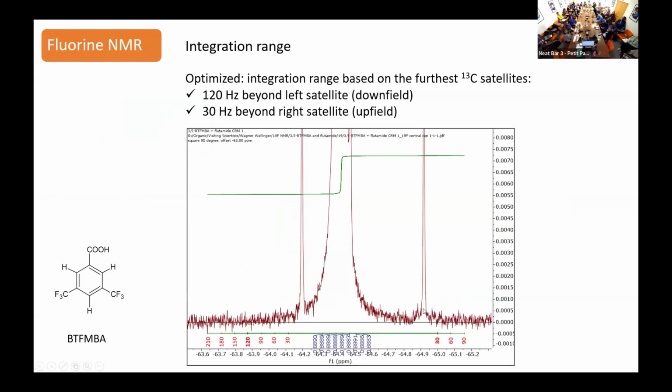So we tried different lengths, different numbers of hertz, beyond the satellites. And to the upfield, to the right side, we found that 30 hertz, as we use for proton, is okay. But to the left side, we got better, more precise results using 120 hertz after the satellite.